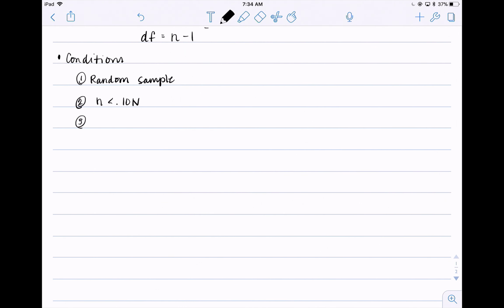The one that differs a little bit is the third condition, the condition for normality. Remember that in the third condition for confidence intervals for means, we had one of three things happening. One, the population distribution is approximately normal or is normal.